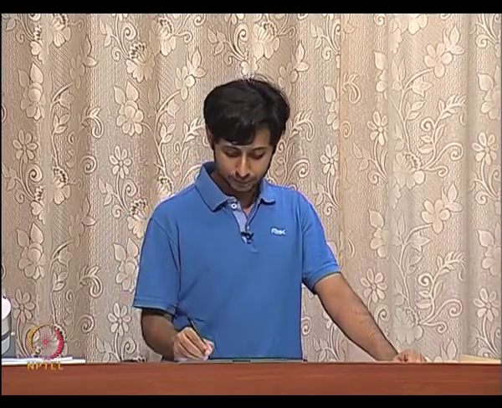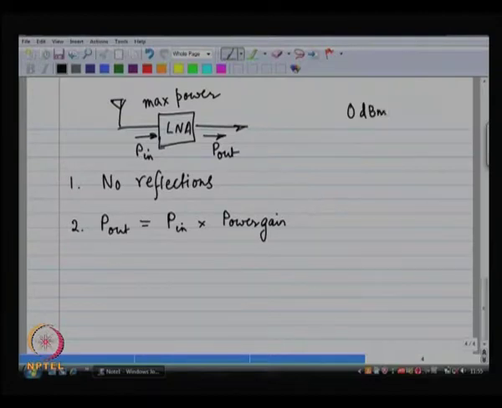Why is this important? Because to start with, the input power is very small, the power received on the antenna is very small. We are talking about nanowatts of power. So, 0 dBm is 1 milliwatt of power.